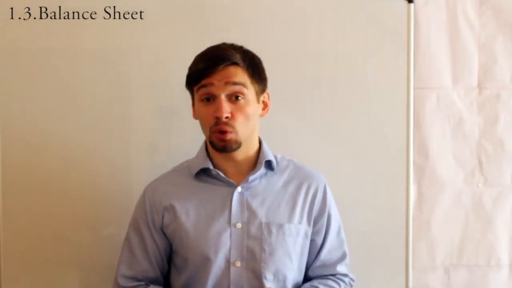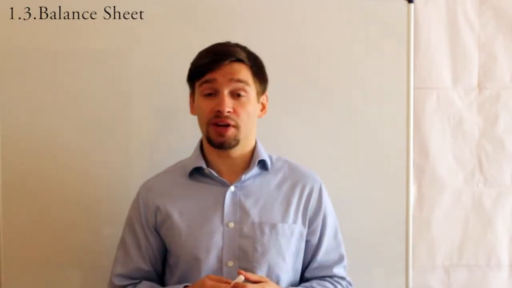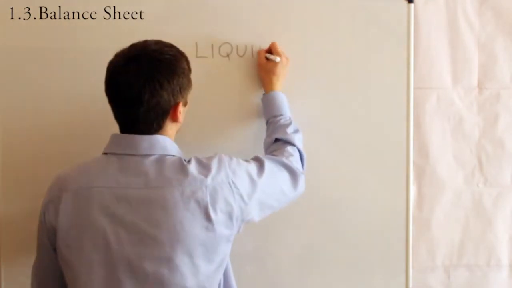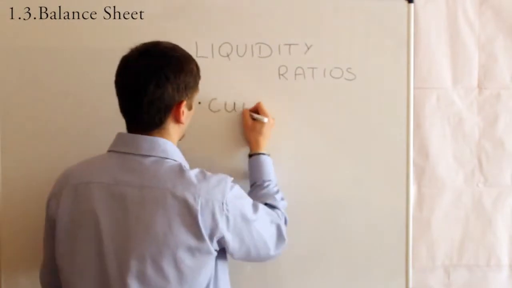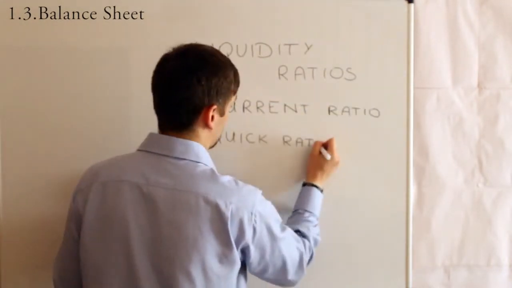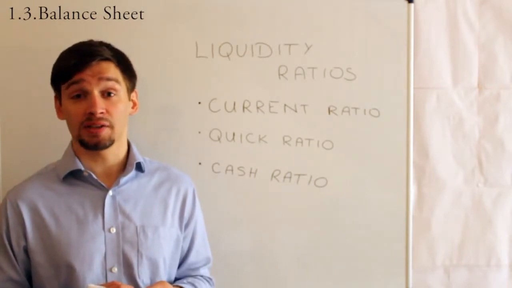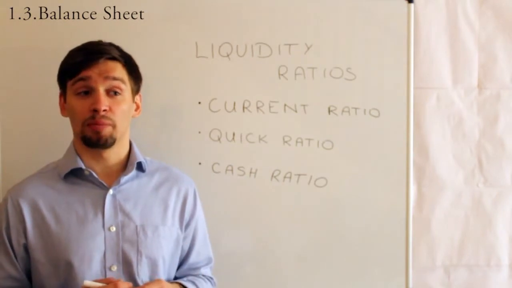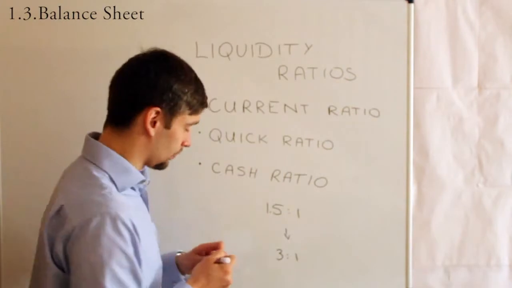The balance sheet can be used to calculate many financial ratios. One group of ratios that can be calculated using the balance sheet are the liquidity ratios. Those include the current ratio, which simply compares the current assets to current liabilities, with a proportion somewhere between 1.5 to 1 up to 3 to 1.